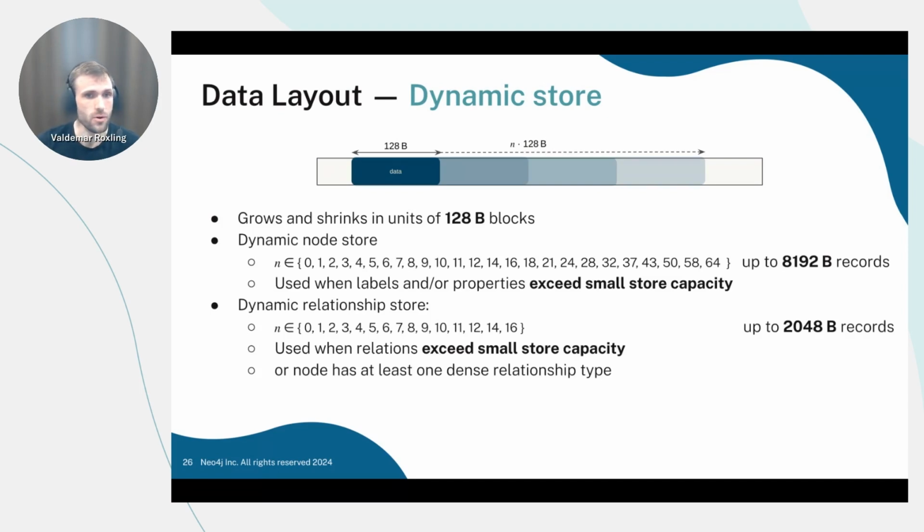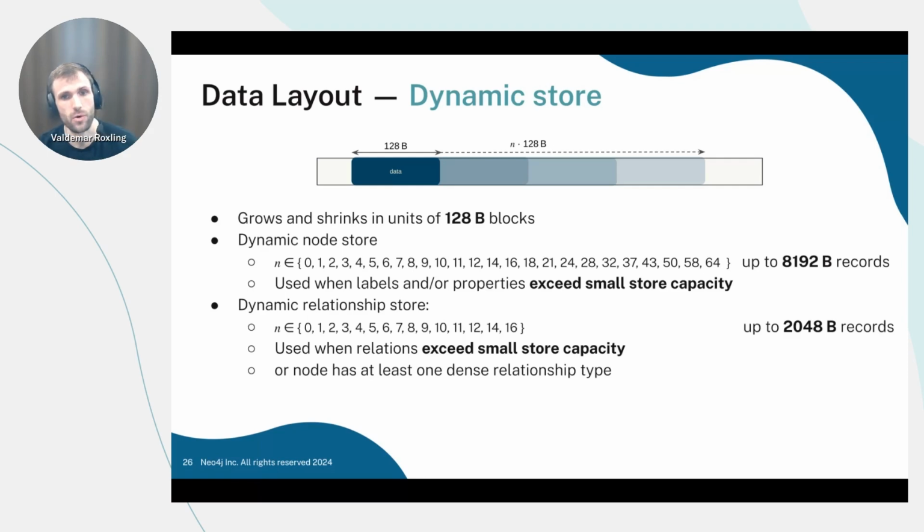So this grows and shrinks in 128 byte blocks. And we have two of these. So we have a dynamic node store and a dynamic relationship store. The dynamic node store is used when labels and or properties exceed the small store capacity. So they exceed the 64 bytes that we had. So you have more. Maybe you have 20, 30 properties.